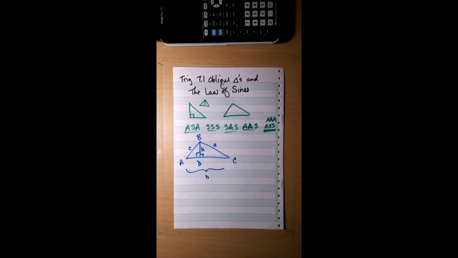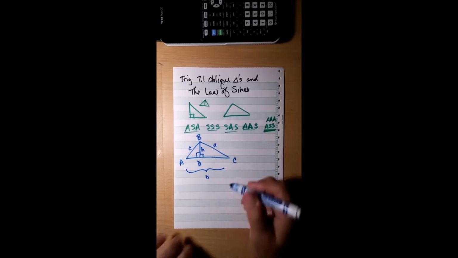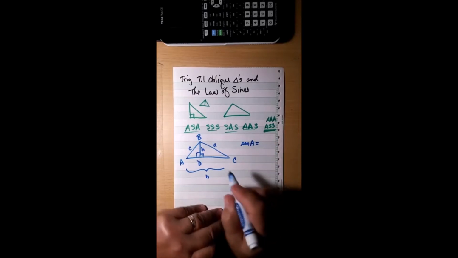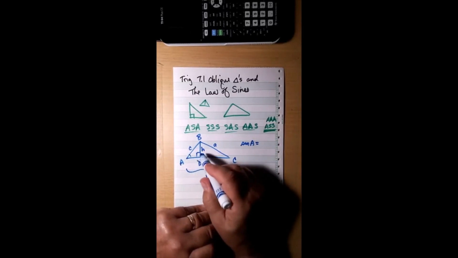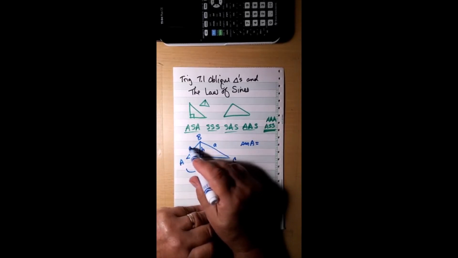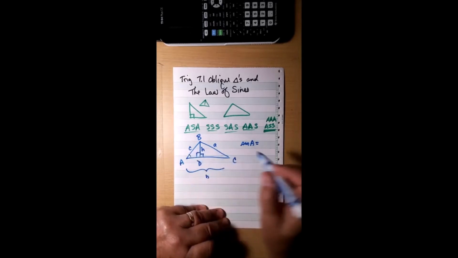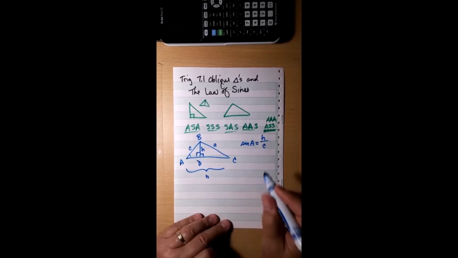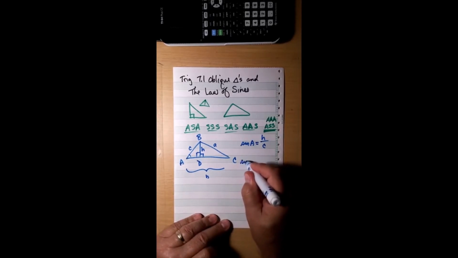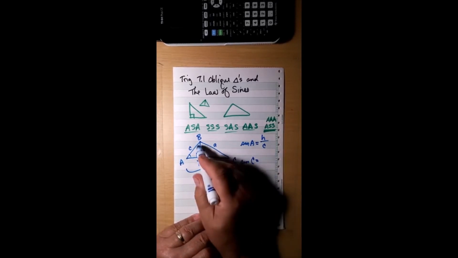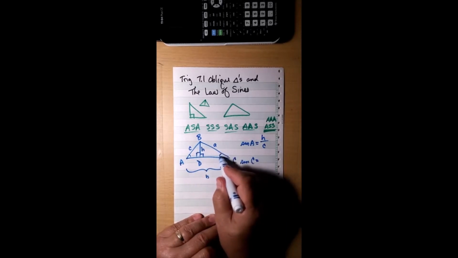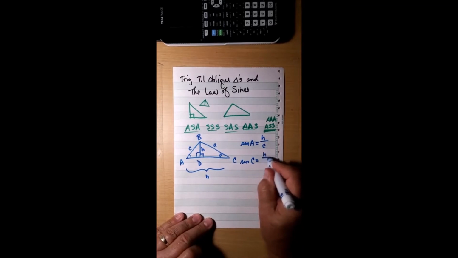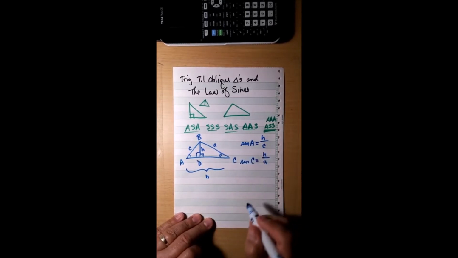Now, if we use some of these smaller triangles, what is the sine of angle A? Using this little triangle, it is H over c, opposite over hypotenuse. What is the sine of angle C? Using this smaller right triangle, the sine of angle C is the opposite H over a, the hypotenuse.